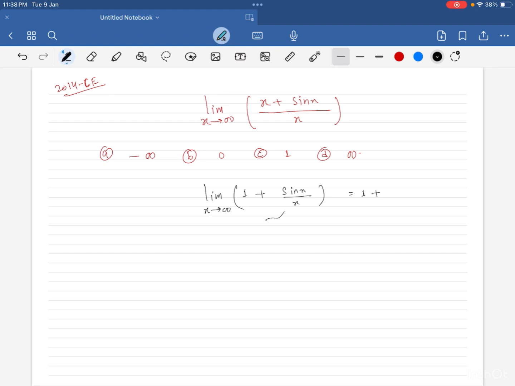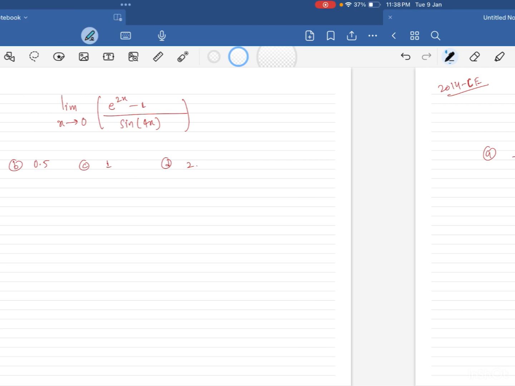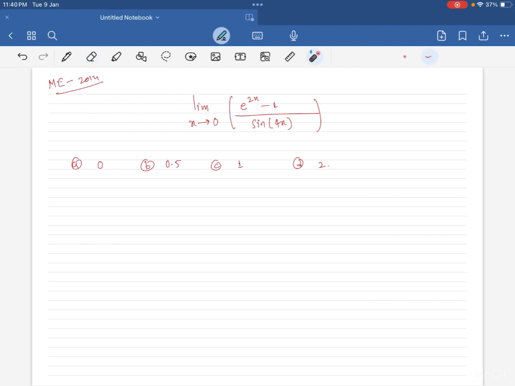What will happen to this if we put x tends to infinity? The range of sin x is from minus 1 to plus 1, and in the denominator it is going to be infinity. So something finite divided by infinite is going to be 0. So the answer is 1.